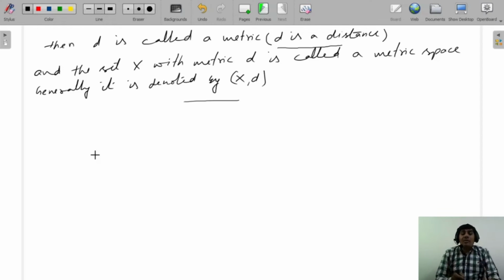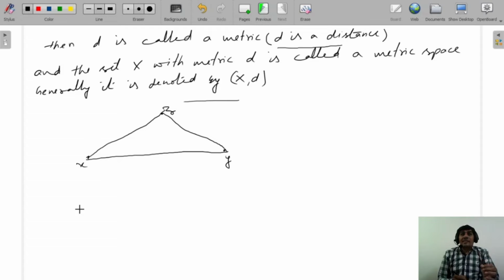Now the last, fourth property. Suppose there are 3 points x, y and z. If we join these points, then it becomes a triangle.